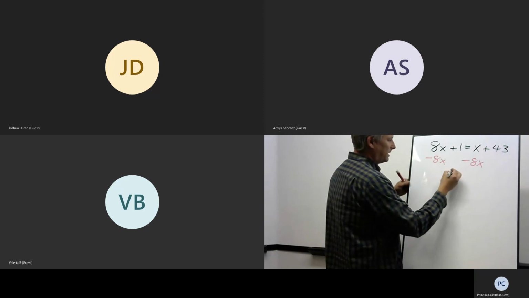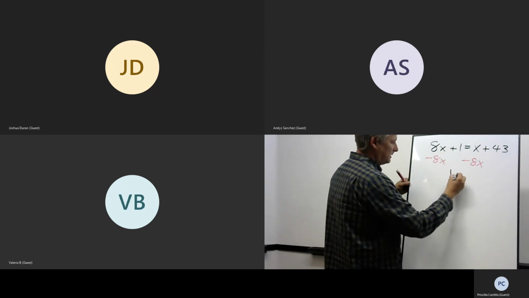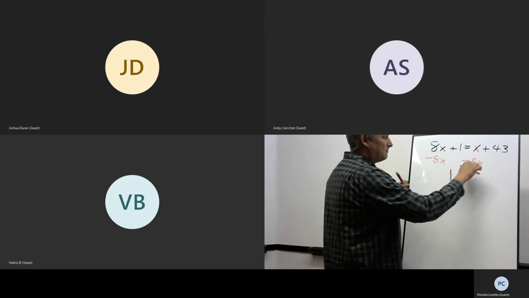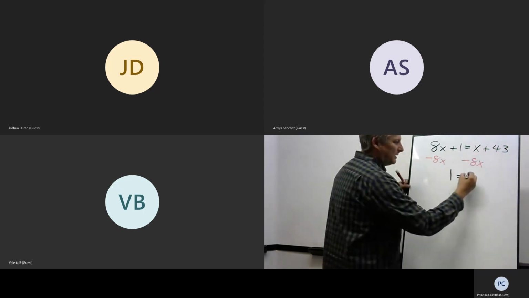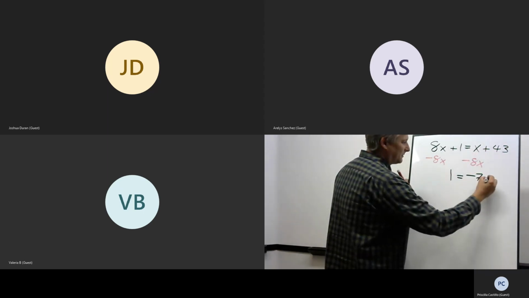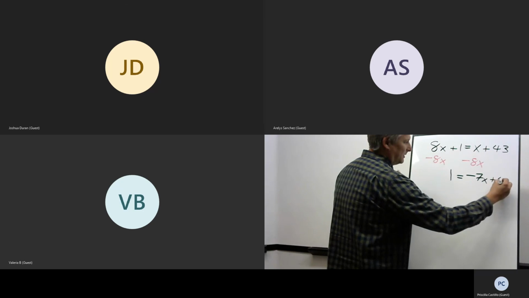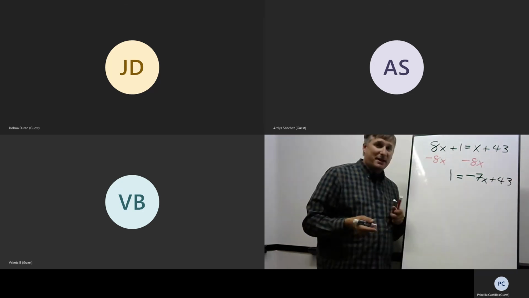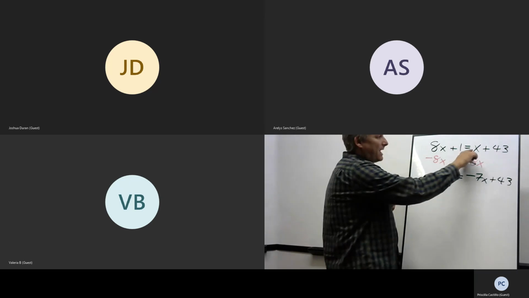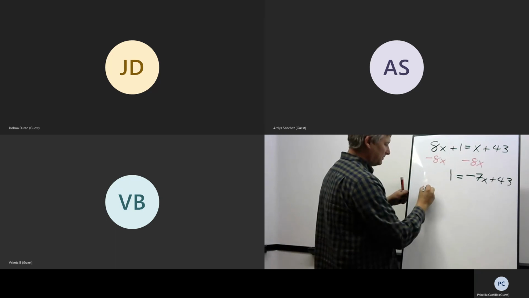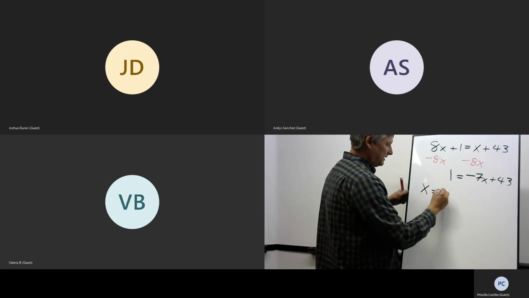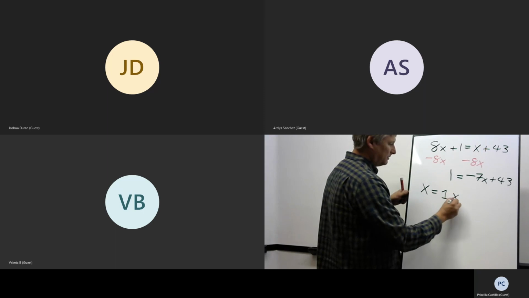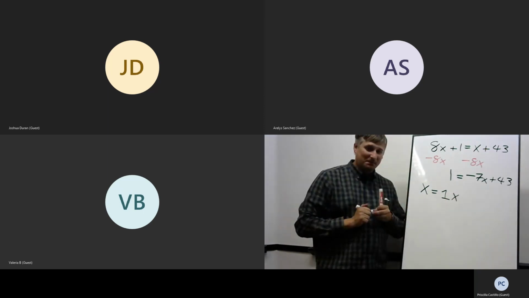So we'll just be left with 1 equals, and then x minus 8x is negative 7x plus 43. 1 minus 8 is negative 7. And remember, x by itself is equal to 1x.